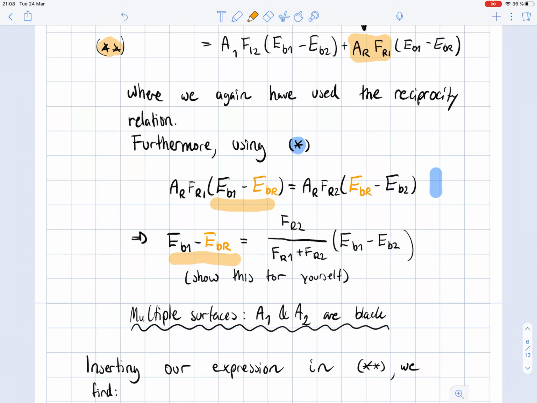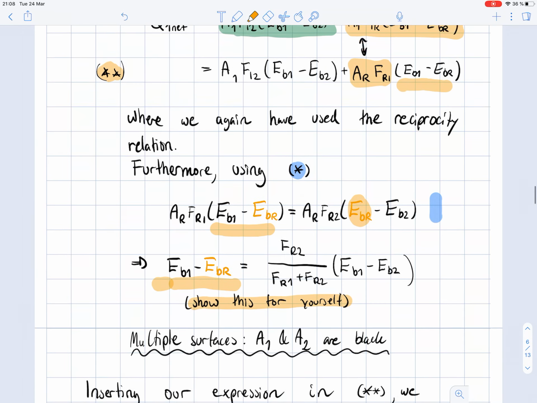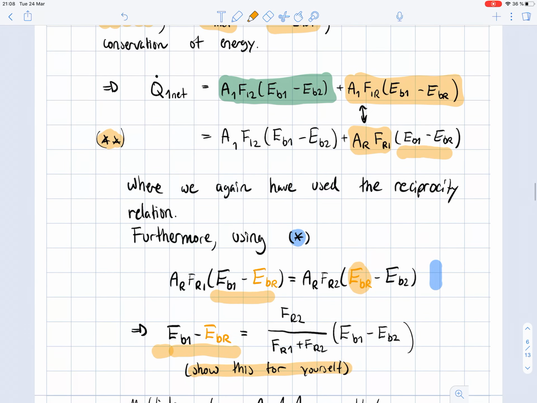Of course, you have to play a bit around because you have an EBR there as well. So show this for yourself. But this is the expression that you get. And what we now want to do is to introduce this particular term here in double star. And the reason for that is that that will give us an expression which is not dependent upon EBR, that is the unknown temperature of the refractory.